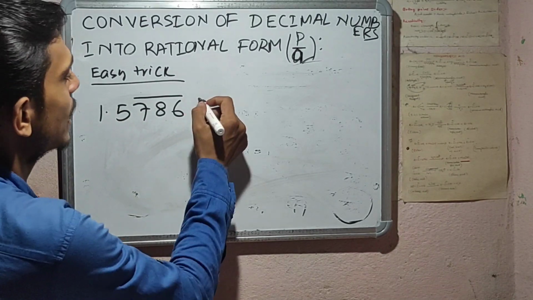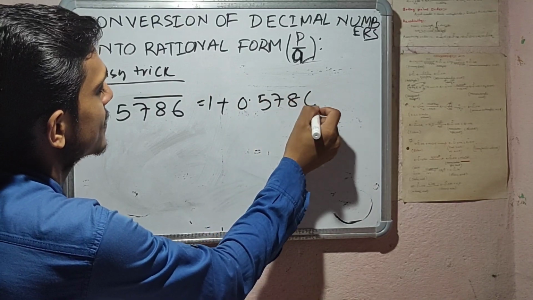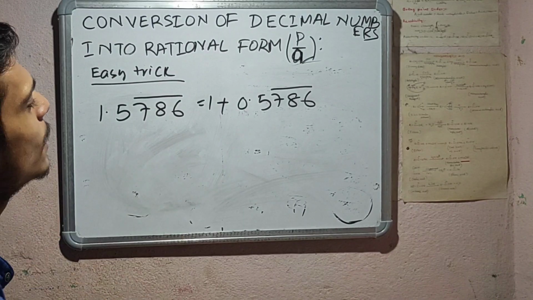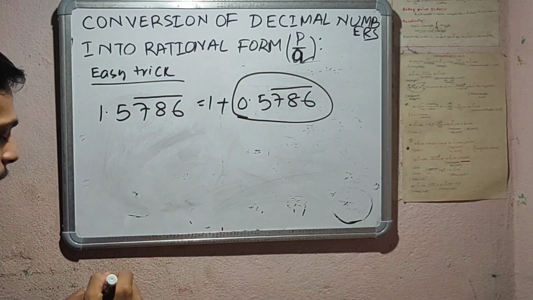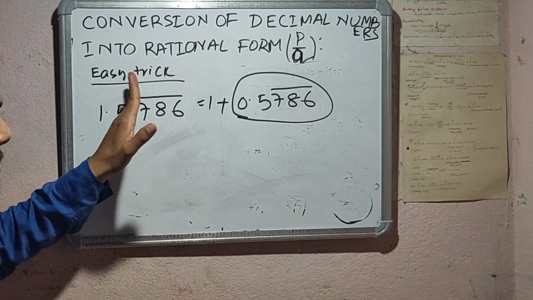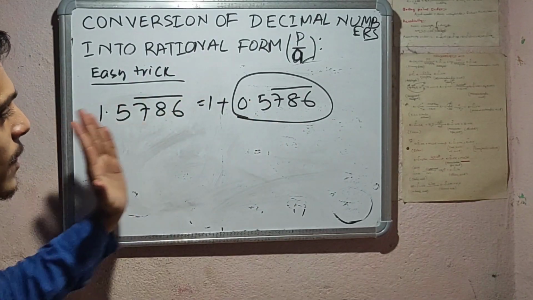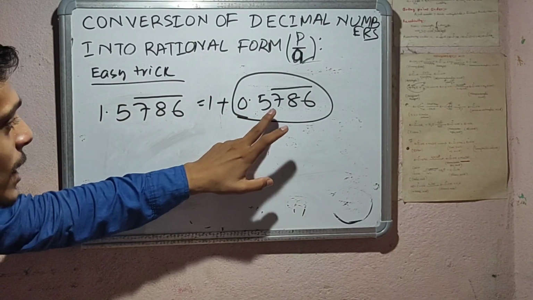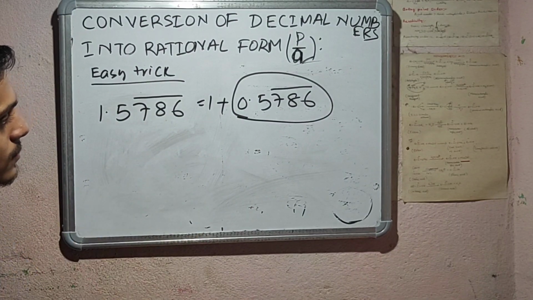So it can be written as 1 plus 0.5786 bar. Yes or no? Then you have to convert it into only the 0 form. This easy method can be applied for numbers of the type 0 point something, but not 1 point something. It is only applicable for 0 point something. Clear?